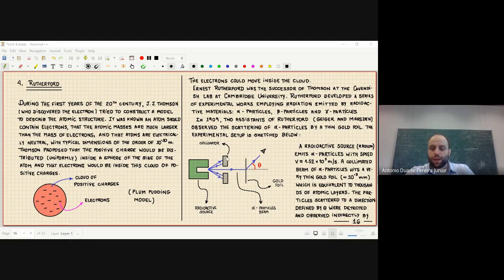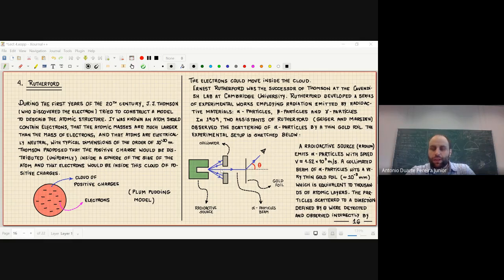So this is essentially a barrier that will not allow the radiation to escape from this region. So just this beam will pass through.